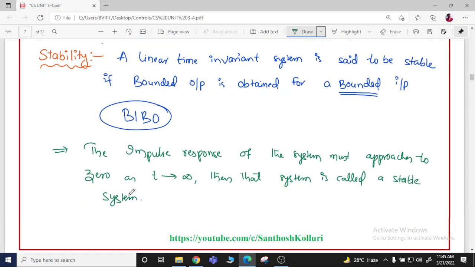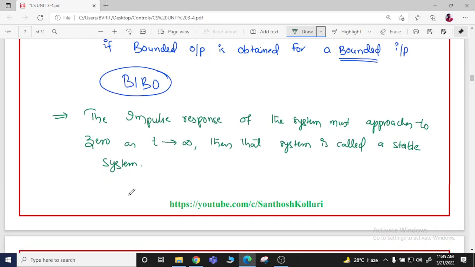For the impulse response of a system to be stable, it must be absolutely integrable between the limits 0 and infinity. Then that system can be called a stable system.